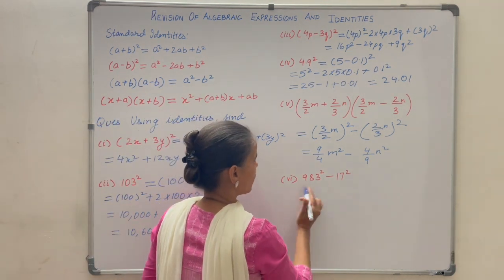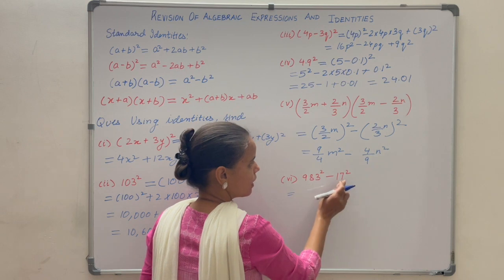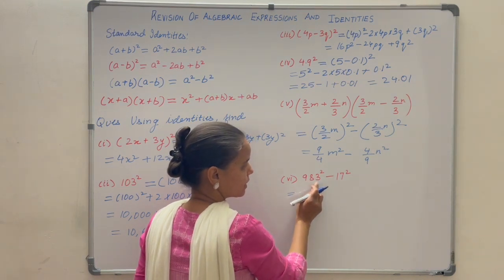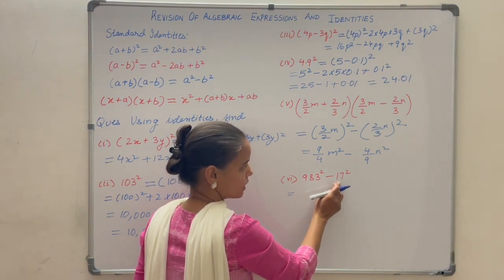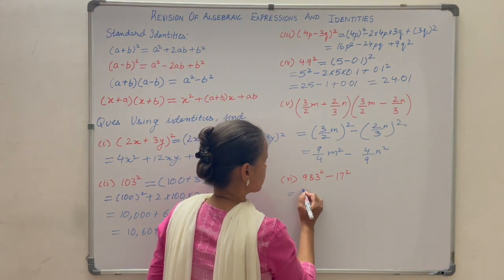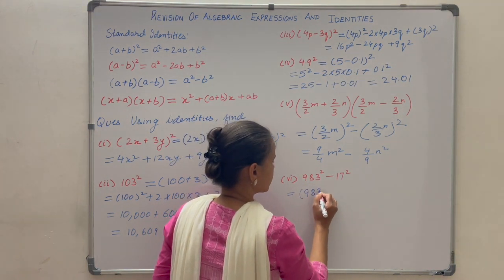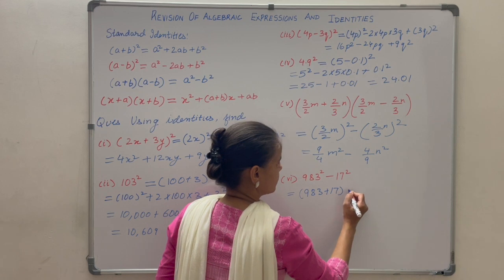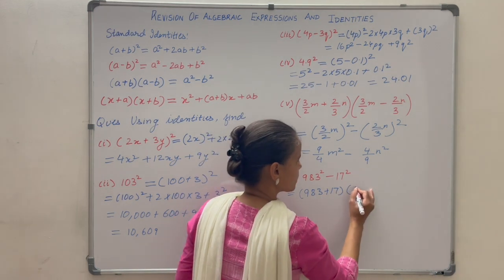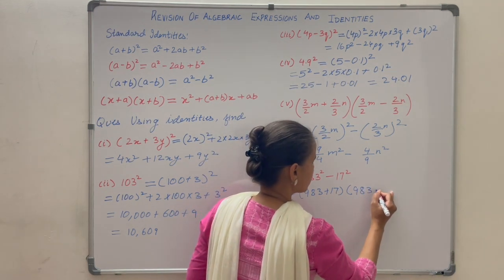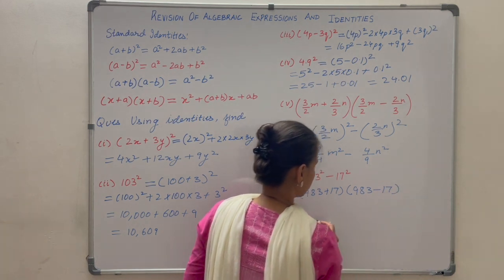So first you need to add these two because this is your a and this is your b. 983 is your a, 17 is b. So a plus b means 983 plus 17, and a minus b means a is 983, b is minus 17.